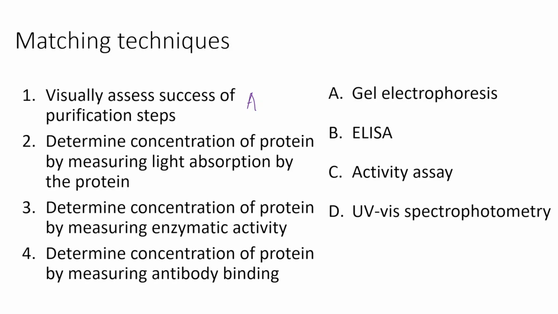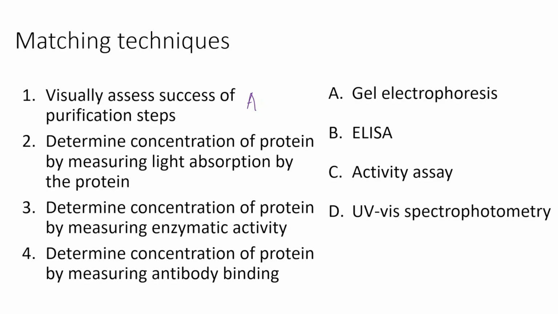So if you just went through a whole series of protein purification steps, if you then go and do gel electrophoresis on your final sample, you would hope to only see one protein in there. If you have a mixture of different proteins, clearly your purification did not go as well as you thought.